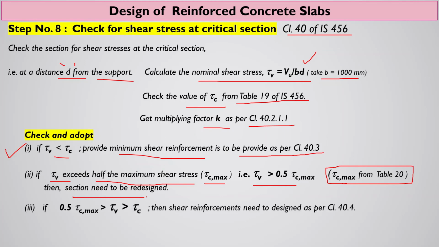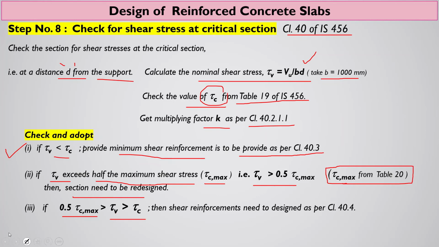And the third condition is, if tau v is greater than tau c, but it is less than 0.5 tau c max. So tau c is the value which you are getting from table number 19, and tau c max is the value which you got from table number 20.